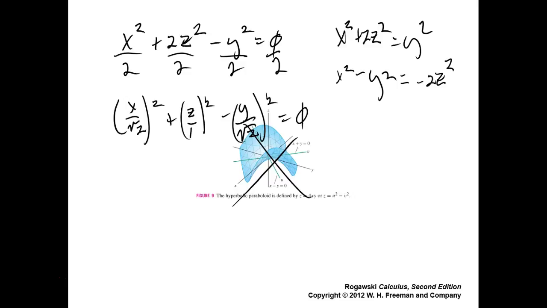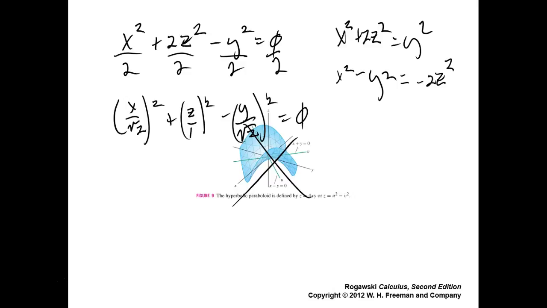Y's got to be greater than x, okay? And if that's the case, you get hyperbolas. If the y is greater than x, then you get hyperbolas like this, like this, like this. That, by the way, would be a horizontal trace. Those would be hyperbolas going up or down. But the y's always got to be bigger, so that's why they're like this. Nothing like this. X can't be larger than y. Nothing is here on the x-axis, not the y.